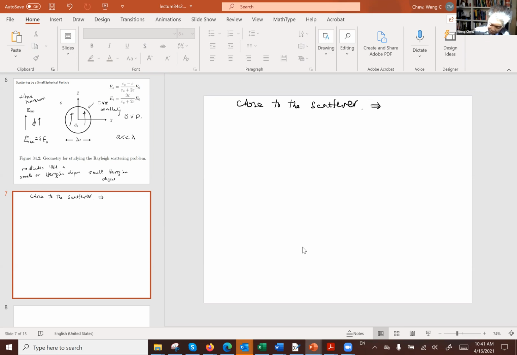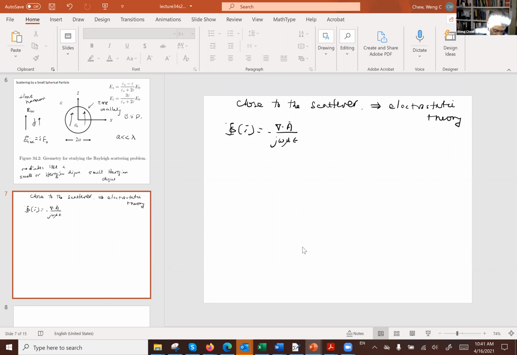So it implies that I can use electrostatic theory to analyze this problem, because I'm in the near field, and hence I can say that the scalar potential by Lorentz gauge is given by divergence of A over j omega mu epsilon.